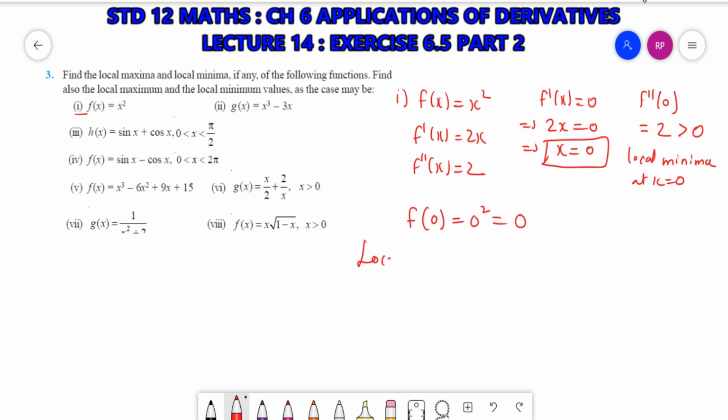So the local minimum value is at x equal to 0, and f of 0 is equal to 0. Clear? So this was about the first part of question number 3. Just note it down.